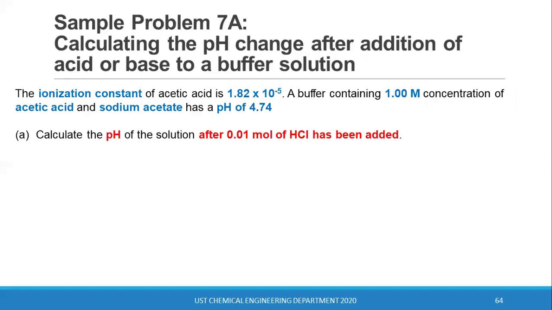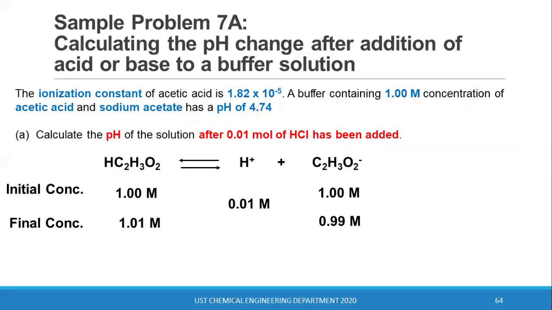I highlighted the concentrations of the weak acid acetic acid and its conjugate base acetate. I also highlighted the Ka as it is important in calculations of hydrogen ions for weak acids. I also highlighted the initial pH of the buffer solution to check if the change in pH upon addition of strong acid will indeed be small.